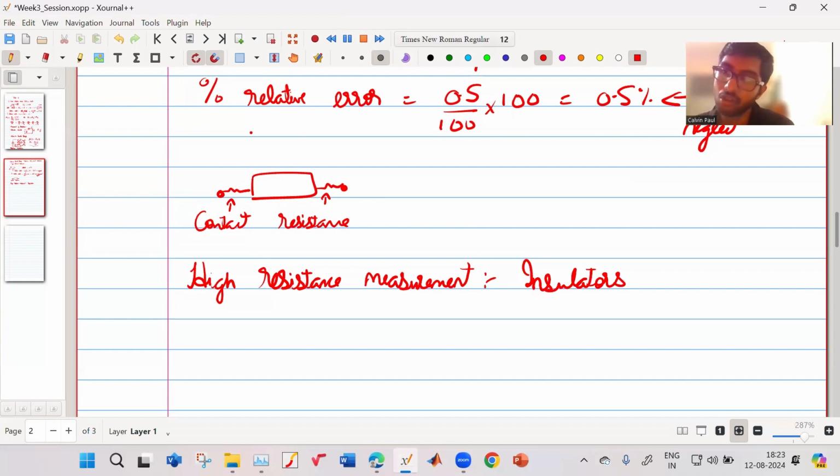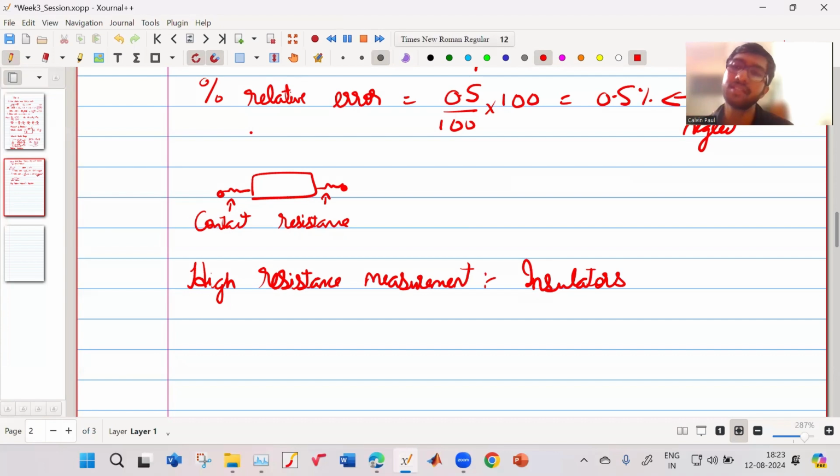An insulator's job is to not allow current to flow. That's why the wire which carries current has an insulator on top of it, so that if we touch it, we will not get a shock, and the current will only flow through that wire, not through any other part. The insulator confines the current to the path in which we want.